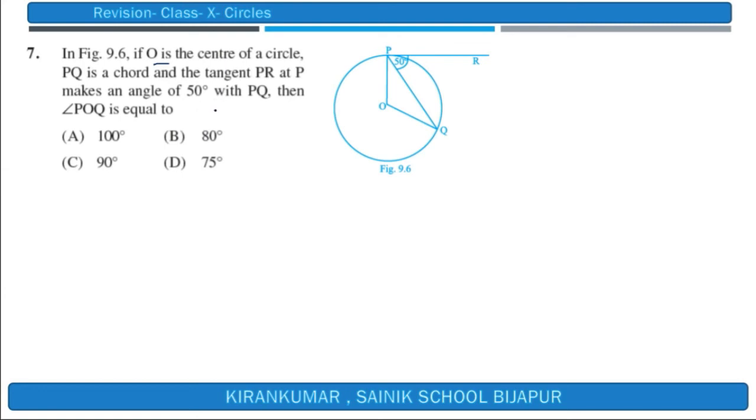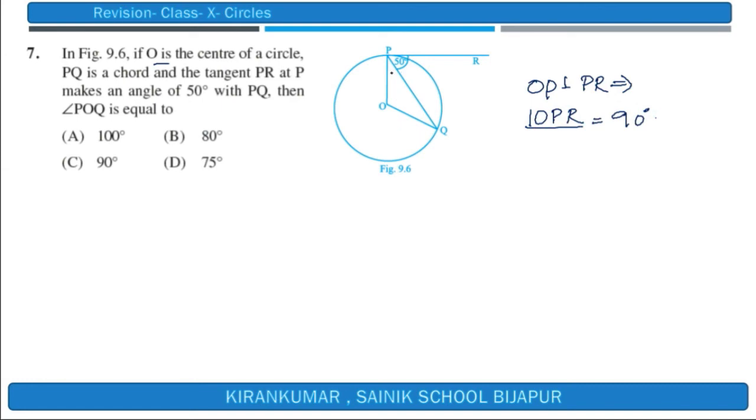You just observe OP is the radius. So radius OP is perpendicular to the tangent PR. This implies angle OPR is equal to 90 degrees.